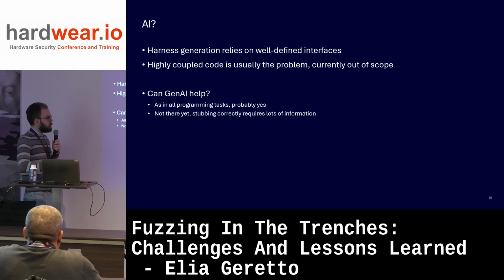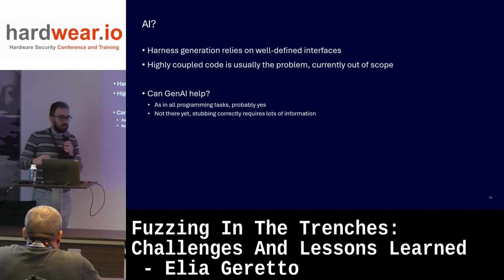And writing the stubs, as I was mentioning before, then becomes the difficult part. So this thing, as far as I could see in my research, is currently out of scope, and it's also in general difficult to deal with, and I understand.